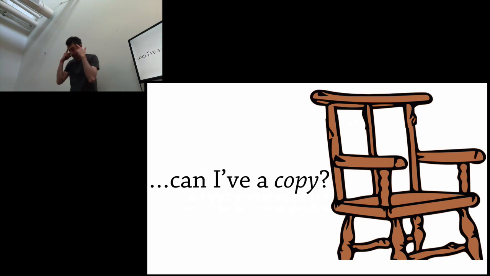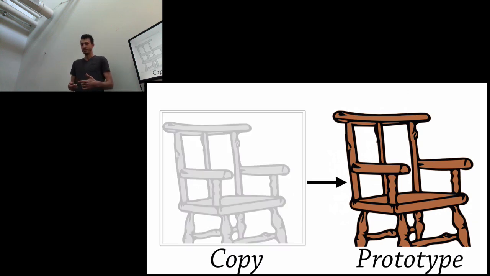So let's go to my question in my introduction. I asked, I like that chair, can I have a copy of it? Let's see how we can solve that using prototypal objects. So a prototype is your chair, and I want a copy of it. All we need to do is just point at your chair. The thing about computers versus reality is that computers have something called a reference that doesn't exist in real life.